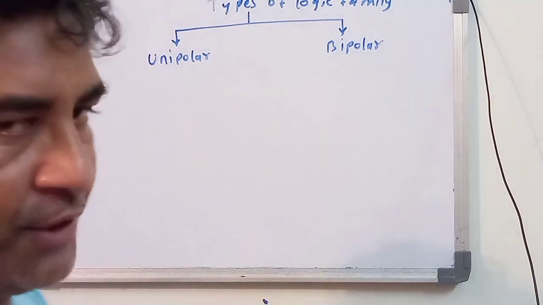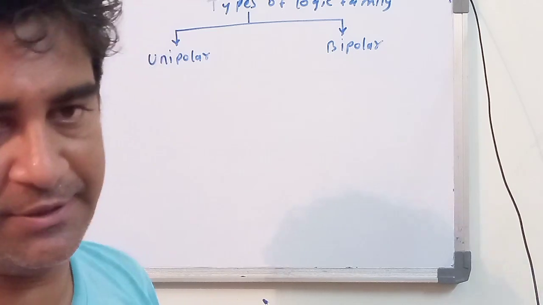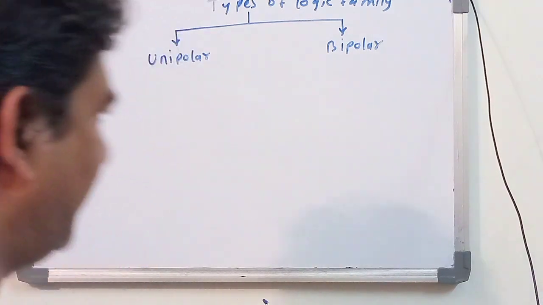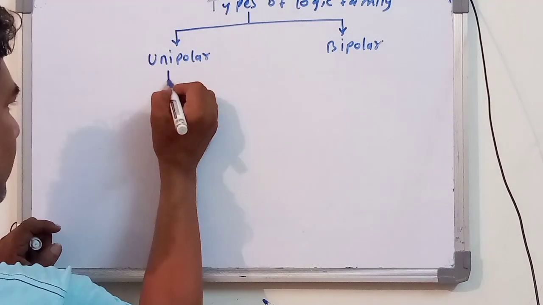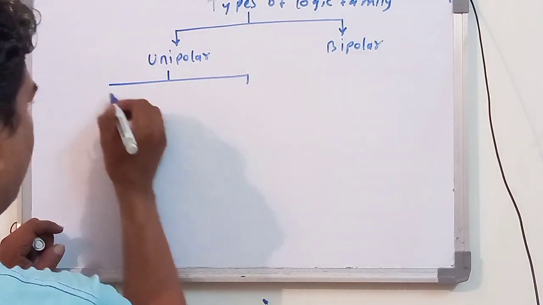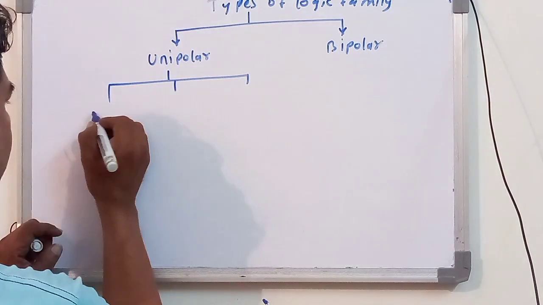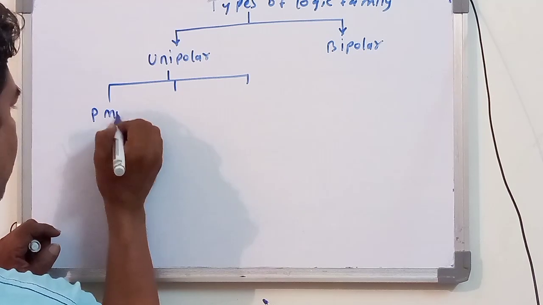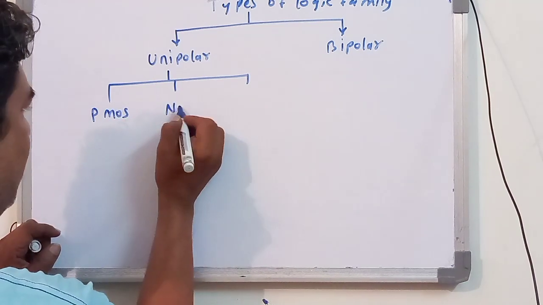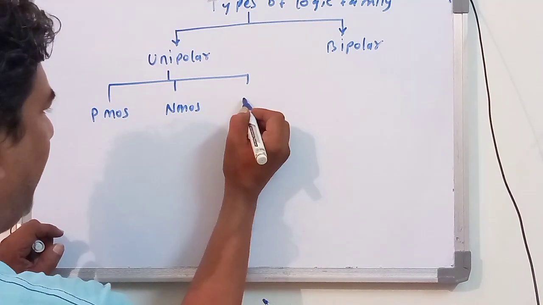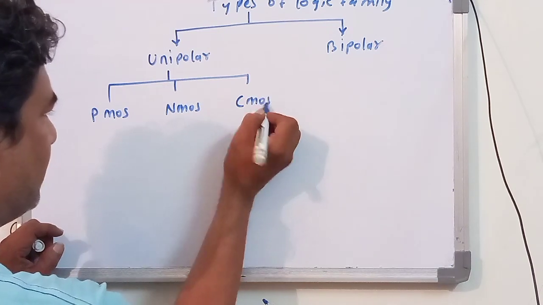Okay friends, this unipolar is again classified into 3 types: first is the PMOS, second is the NMOS, and third is the CMOS.